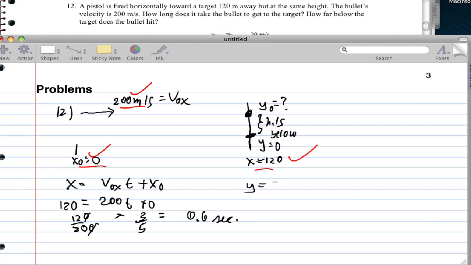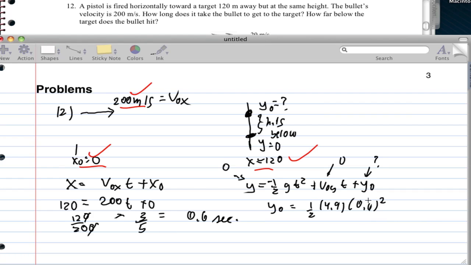So I'm going to use y equals negative 1/2 g t squared plus v naught y t plus y naught, just picking my equations. And I realize, hey, wait a minute, v naught y is 0, y naught I don't know, that's what I'm solving for, and y is 0. So I end up getting y naught equals 1/2 times 4.9 times 0.6 squared.